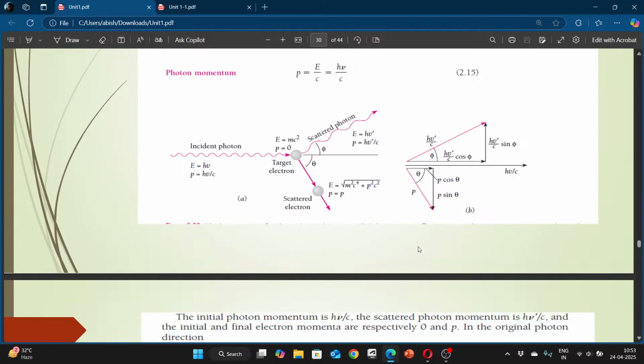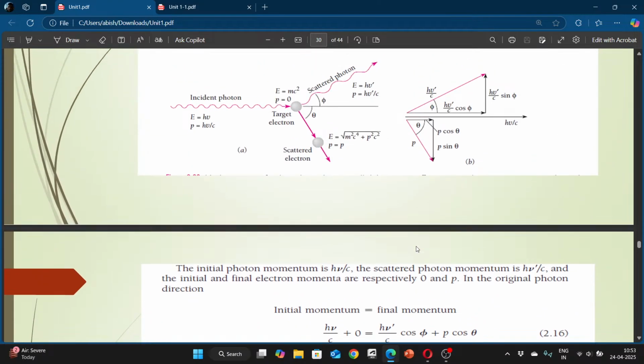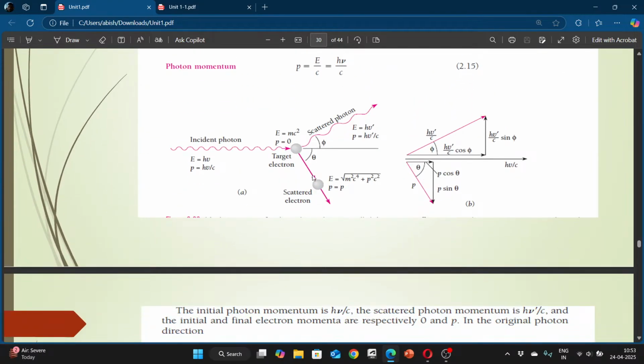P has P cos theta, P sin theta. I'm not exactly sure what this is, but I just have to tell you to remember this. This is an important diagram, so just remember this one.